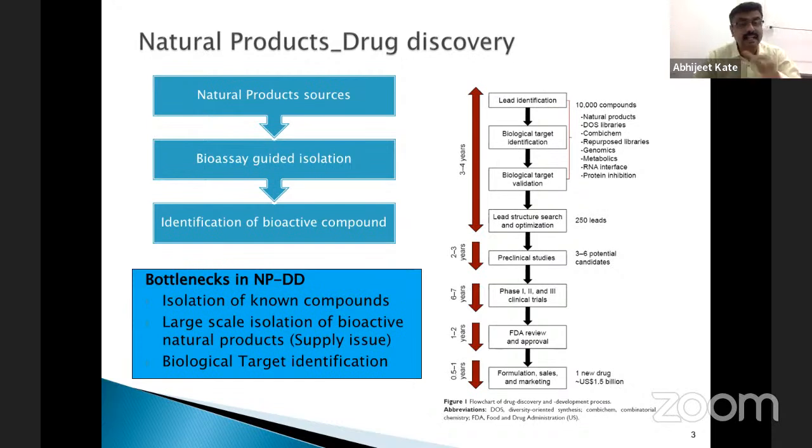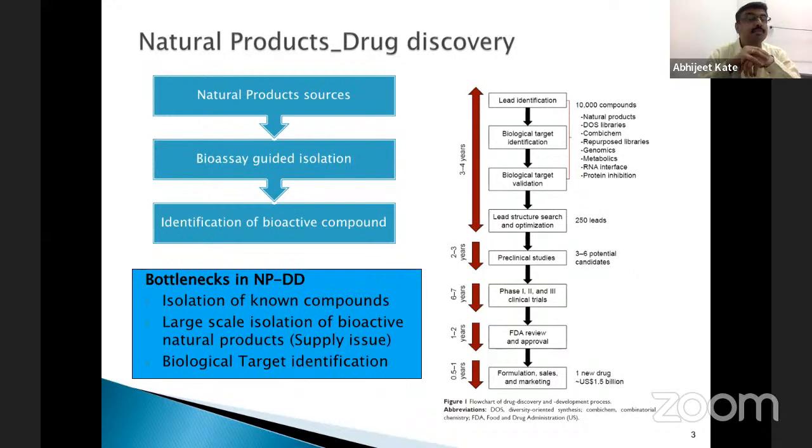If it possesses that activity, we go further in terms of isolation, and isolate and identify the compound. It is a lengthy process. It takes more than 6 months to 1 year to find a compound which possesses that particular activity. And therefore, there are several bottlenecks or challenges, I would say, for natural product-based drug discovery.